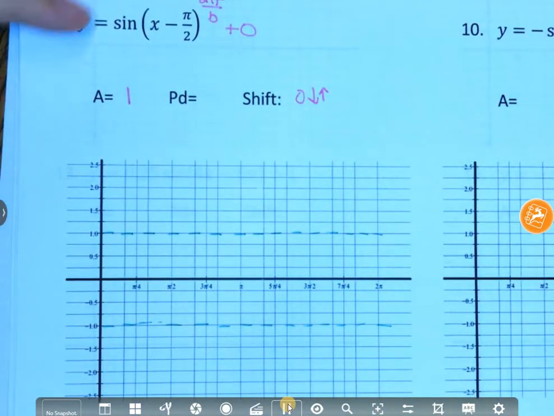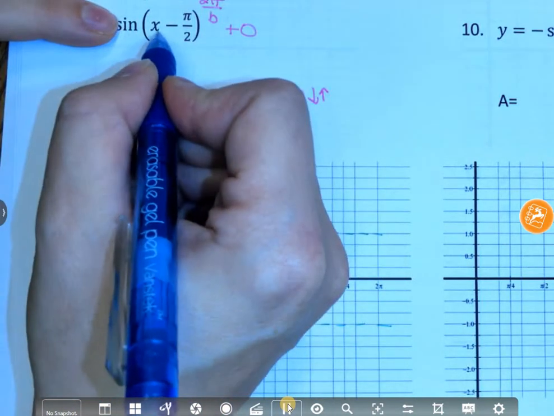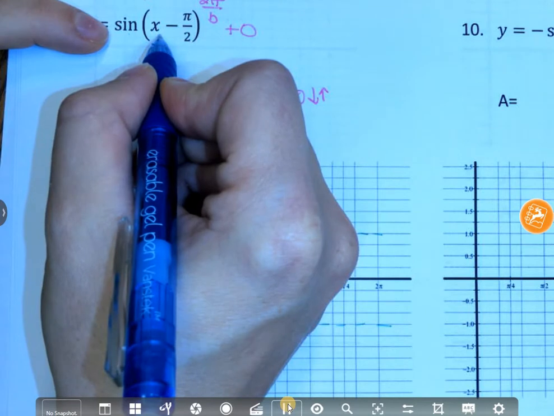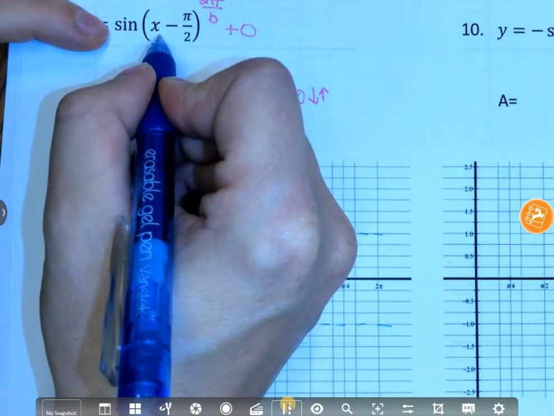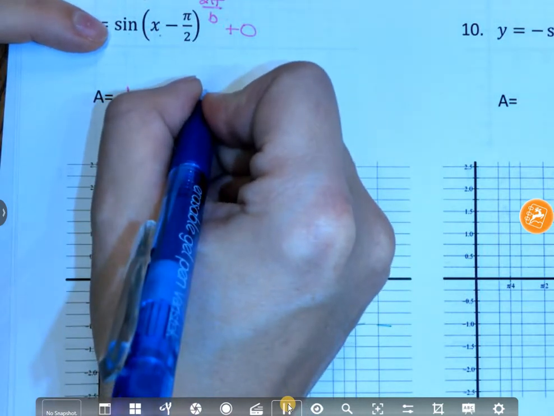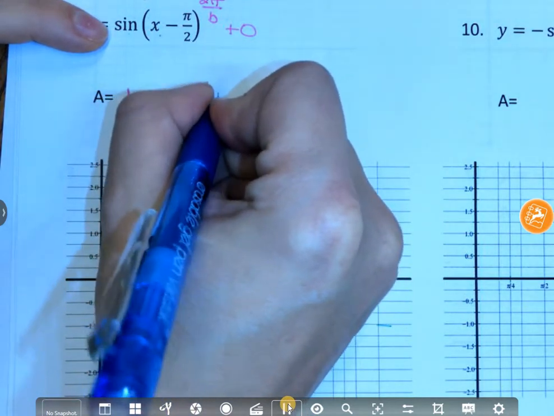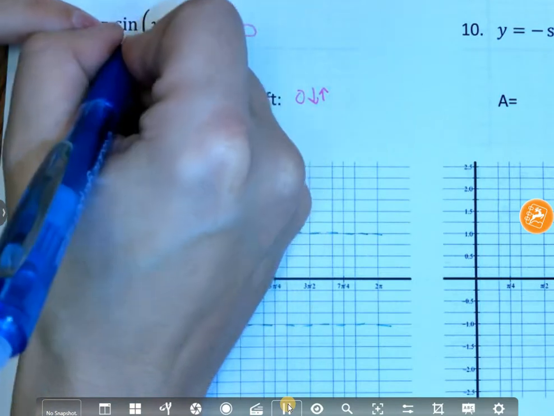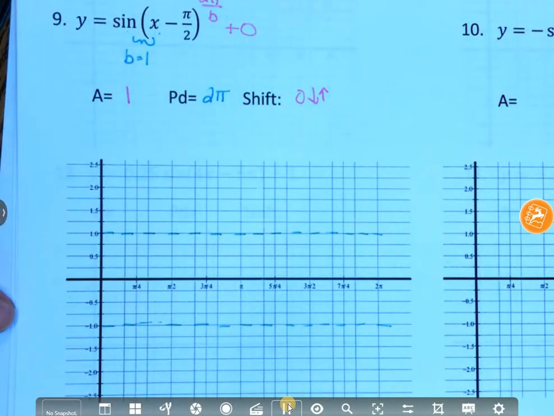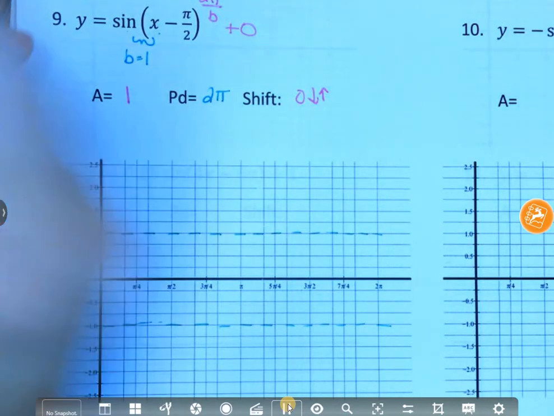Is there a number between my sine and my x? No. What number is there then? 1. So what is my period? Just 2 pi. There's no number between them. That means my b is 1. Hey, there's no number between them. I don't have to factor anything out.